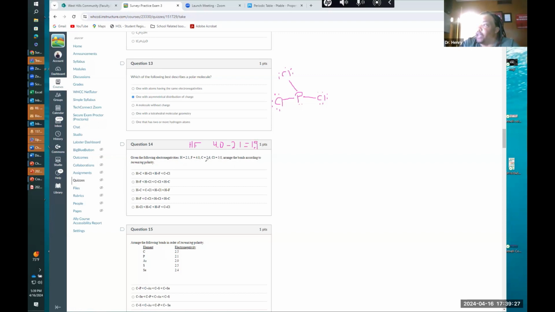Then we have hydrogen and chlorine. So that's 3.0 minus 2.1, which equals 0.9.